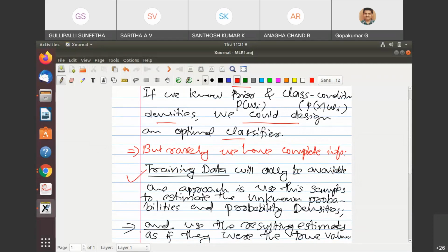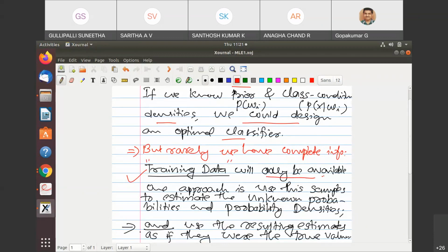We assume we are provided with a set of sample data, generally called training data, and that is the only data or information we can use to find these probabilities.